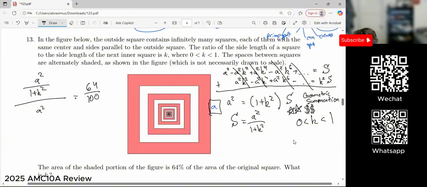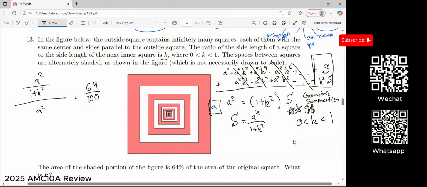Where did the plus 1 come from again? Because we're adding up both sides. So s plus k squared s. What's k? K is a number that they told us. We have to solve for it.